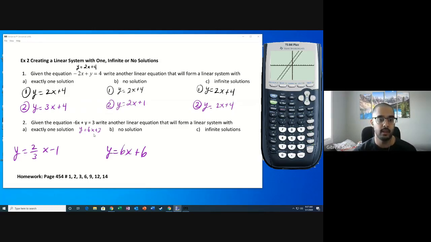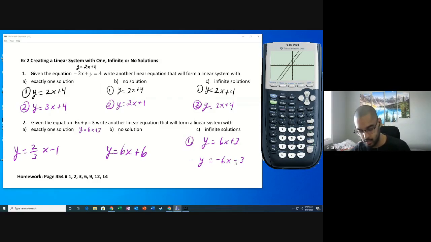Now, here's where you could have a little bit of variation. So if that one was y equals 6x plus 3, you could have negative y equals negative 6x minus 3. Now these are still the same line. Every term just has a negative in front, or the sign has just been switched.